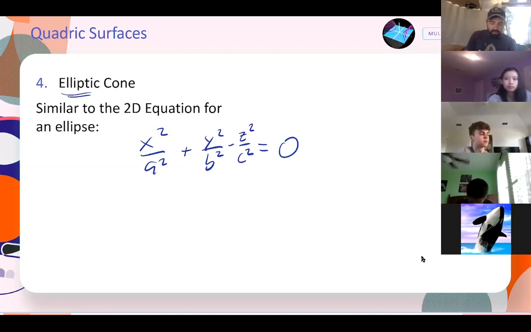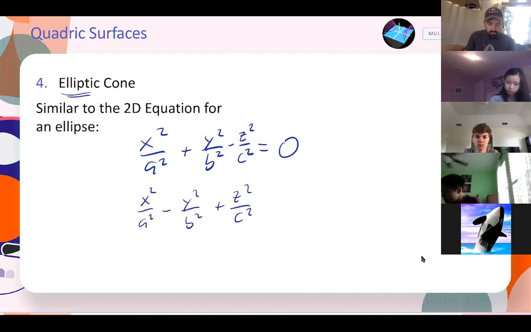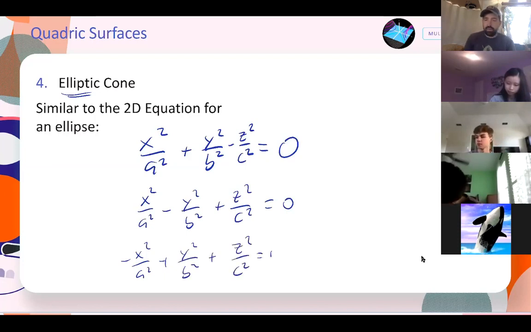And again, just like we looked at yesterday, I could switch where the negative is, and you're still going to get a cone. It'll just change the orientation. It'll change which way it faces. These would all be cones. It's just one would open along the z-axis, one would open along the y-axis, and one would open along the x-axis. And so you'd have all cones, though.